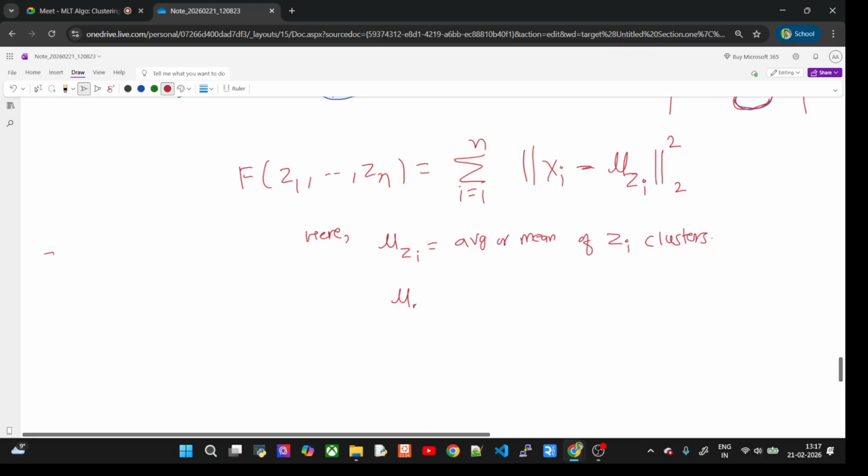This mu z is nothing but, just remember this formula, in the next moment I will explain it. It is the summation of xi times the indicator function, zi equal to k, divided by the summation of i equal to 1 to n of the indicator function, zi equal to k.